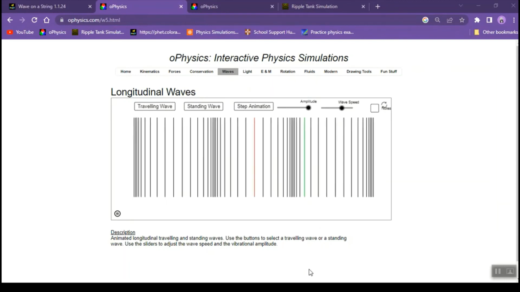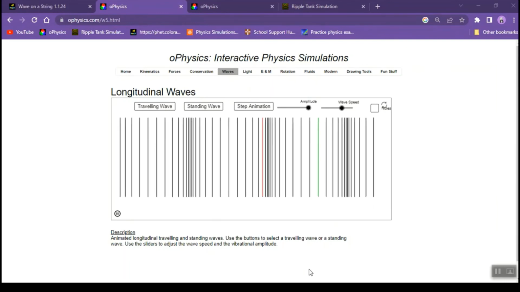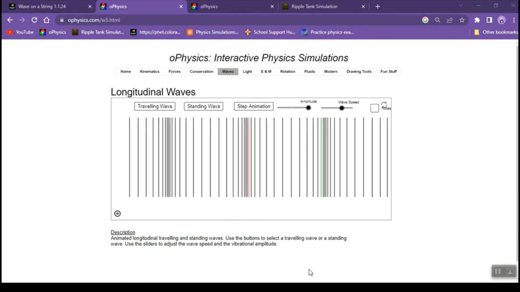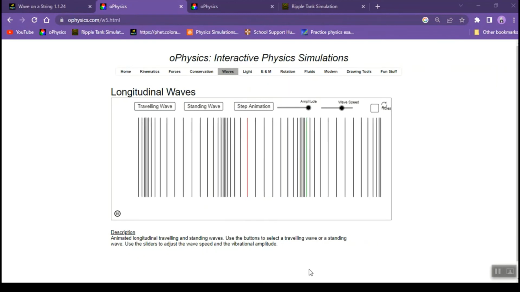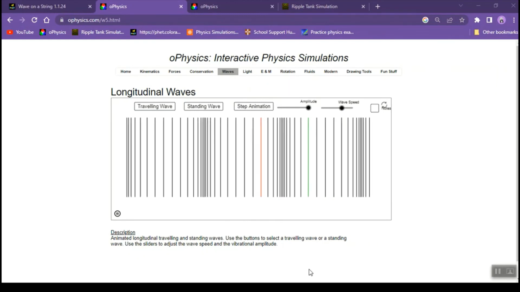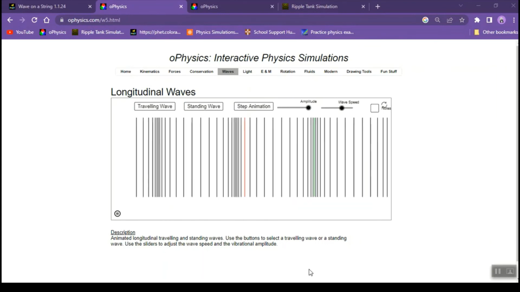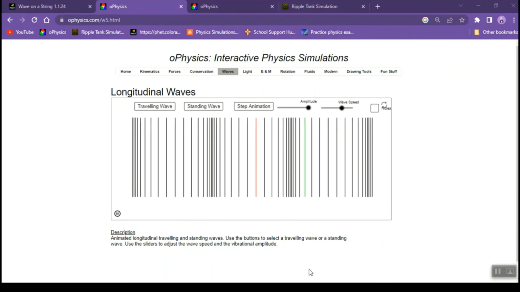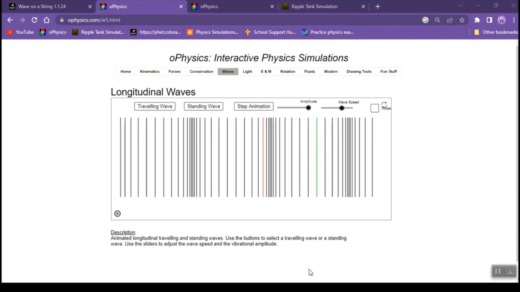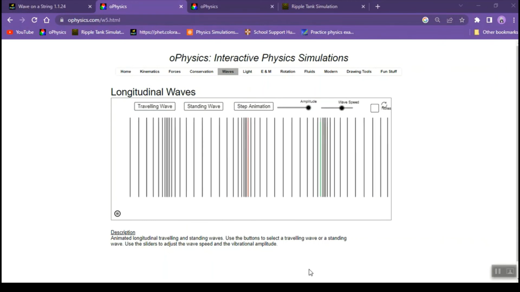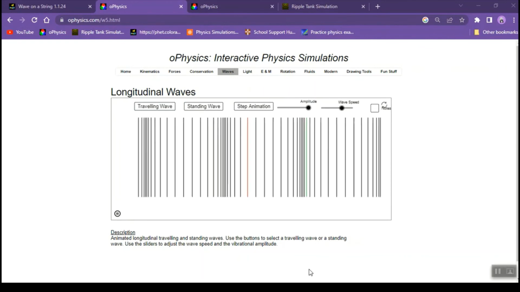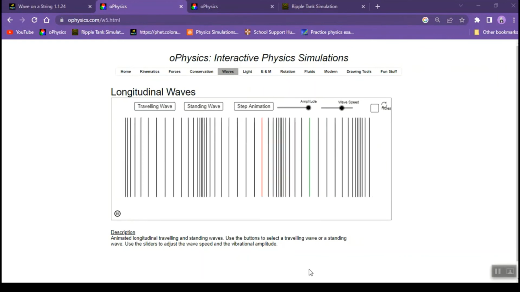The particles in this case are moving in the same direction as the energy. We can see that the energy is transferred from left to right. And if you keep your eye on the red line or on the green line, you'll see that they actually move sideways, left and right as well. Now this is an example of a longitudinal wave.